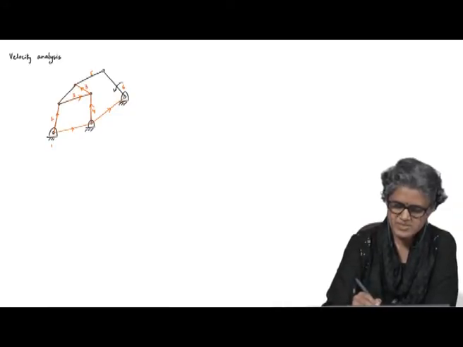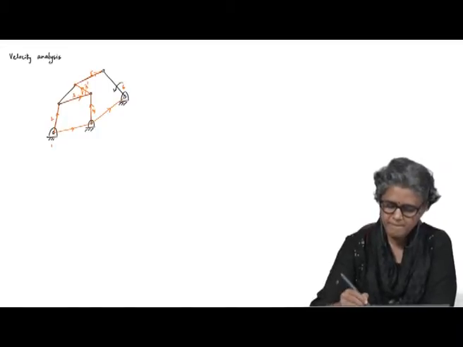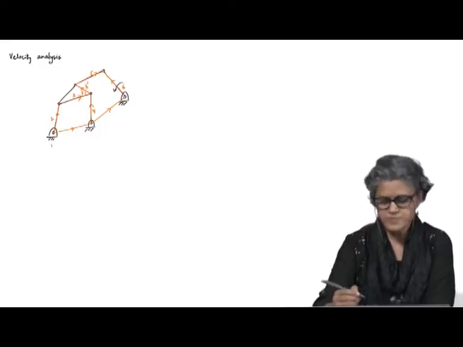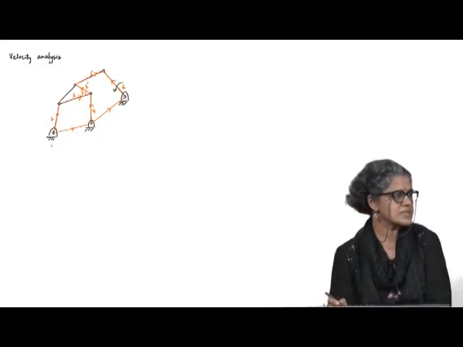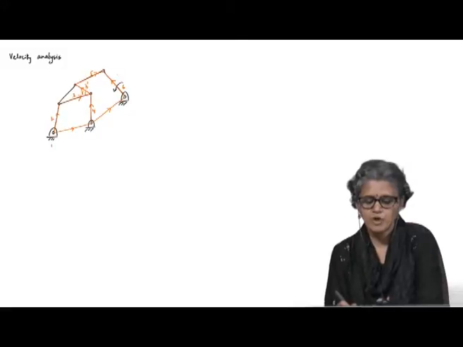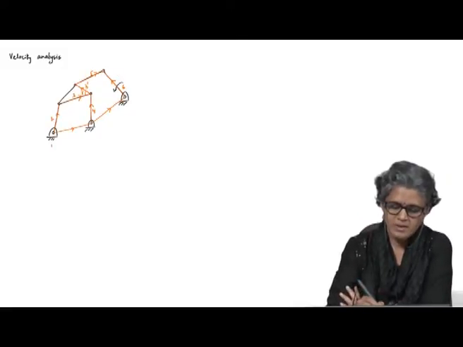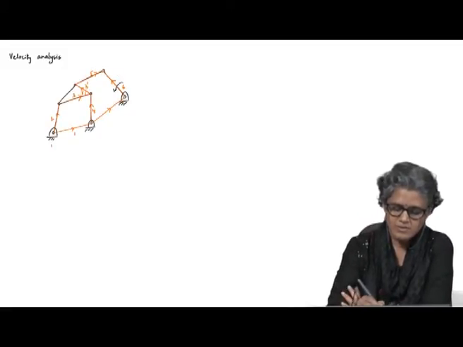I will call this 3 dash, let us say this angle is gamma. So, I have 2 loops in this problem. So, call this 1 dash.